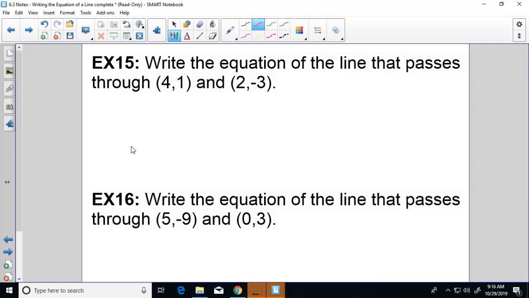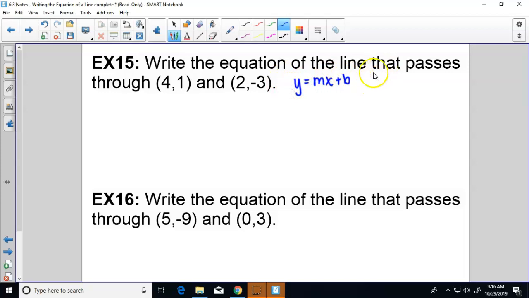So for number 15, we have to write the equation of a line that passes through (4, 1) and (2, -3). All you guys really know much about a line right now is y = mx + b.